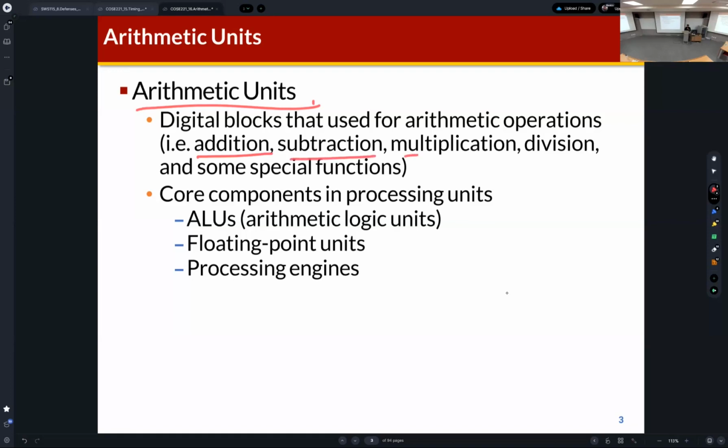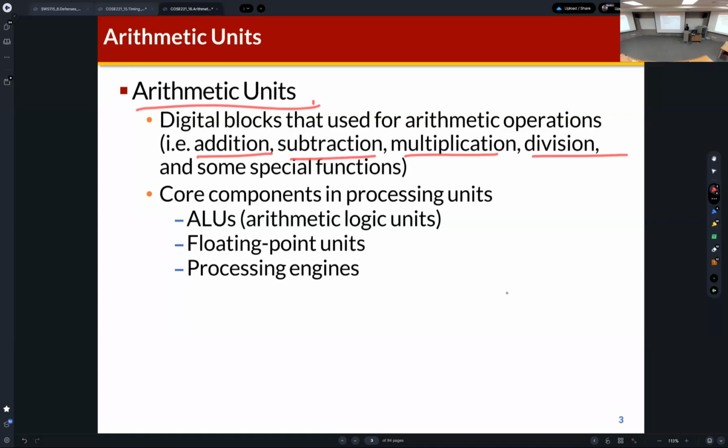And sometimes we may require special functions like the square root or sine or cosine functions. In order to support these functions, we need to build a distinct circuit or distinct module for each function, right?